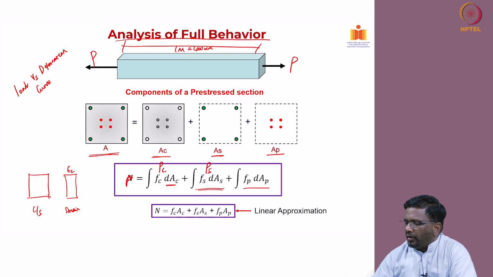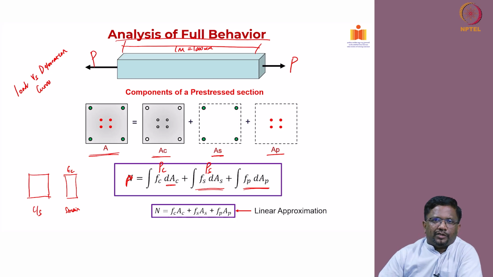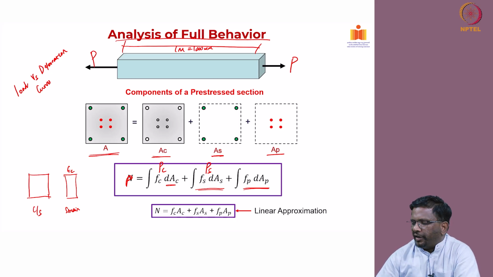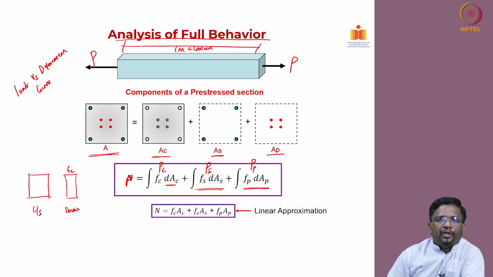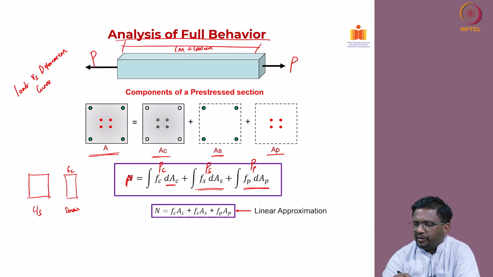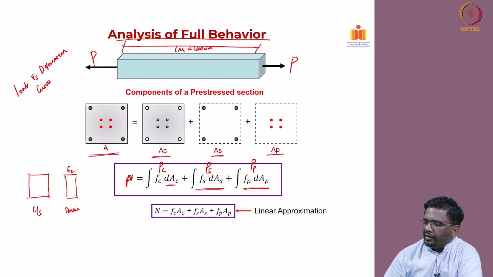Then the pre-stressed steel stress multiplied by its area gives me the load contribution from the pre-stressing steel, PP. So, the total load resistance is the resistance offered by concrete plus the resistance offered by steel plus the resistance offered by pre-stressing steel. When you integrate this, you get FC into AC plus FS into AS plus FP into AP.